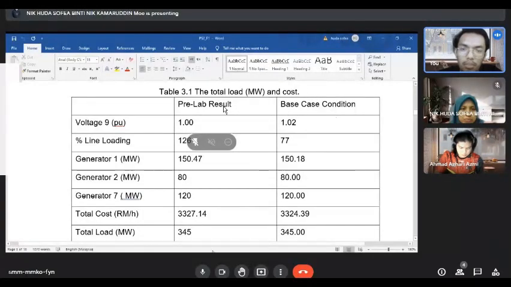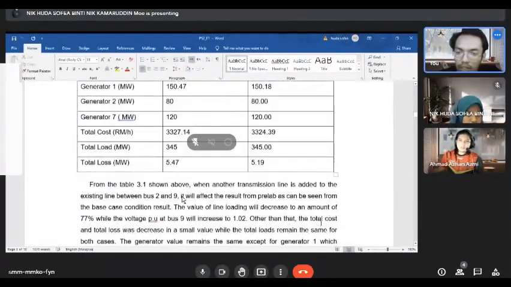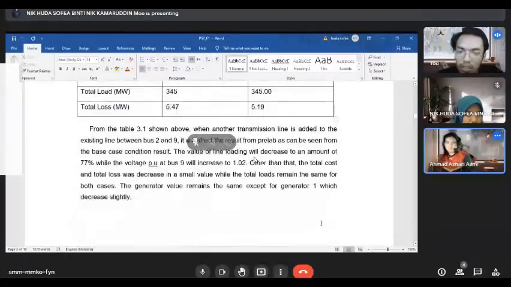Before, the pre-lab result, which is the theory, was 1.0 for the voltage, generator 1 at 1.26, generator 2 at 80, 80. But you can see the biggest difference is in the total loss.